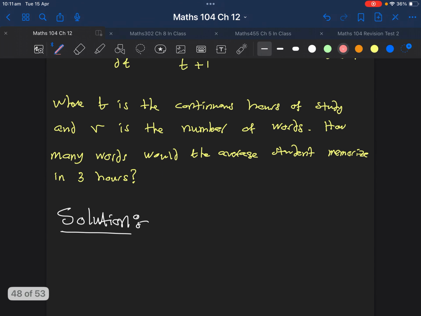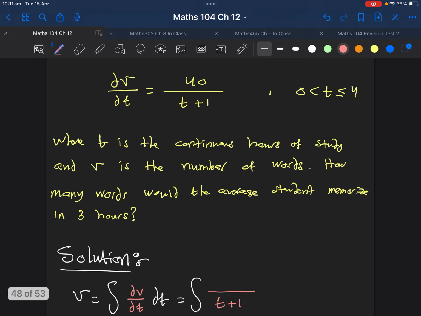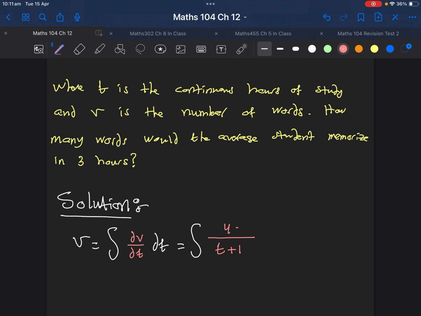Now, how do we find v? Of course, if you want to find v, it will be just the integral of the derivative. Now, what is the derivative? Of course, the derivative is 40 over t plus 1.